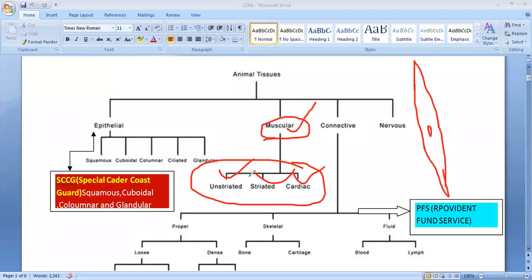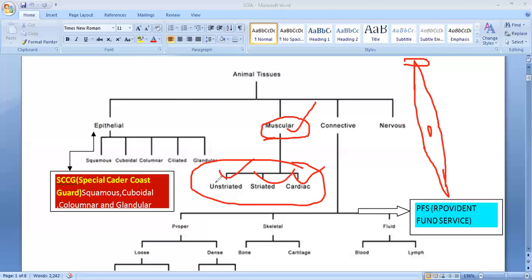Let me check their shape. Smooth muscle is spindle shaped. Spindle shape means both ends are pointed. So if you see, both ends are pointed. Such type of muscle cells is called smooth muscle cells. Where is it found? It is found in places where irregular involuntary action occurs, like the diaphragm, and in some involuntary movements performed by the alimentary canal.